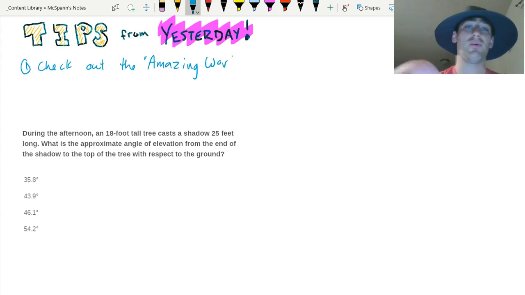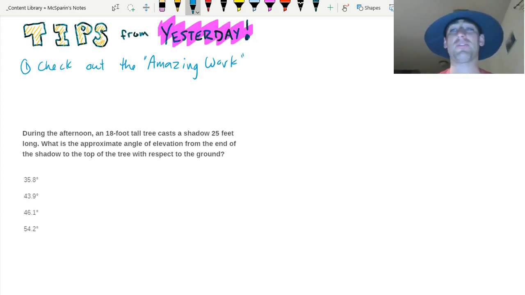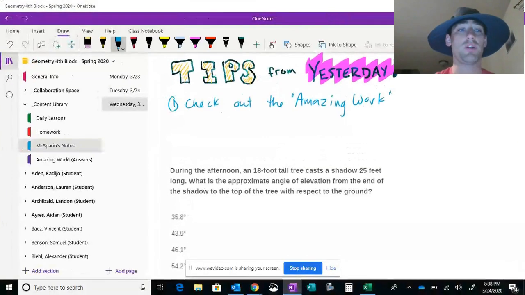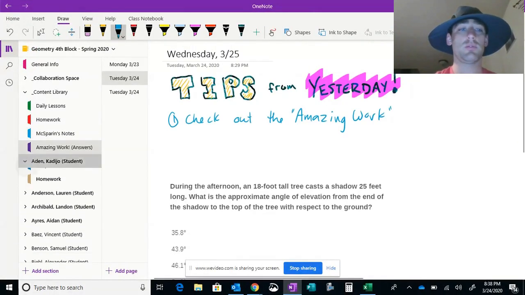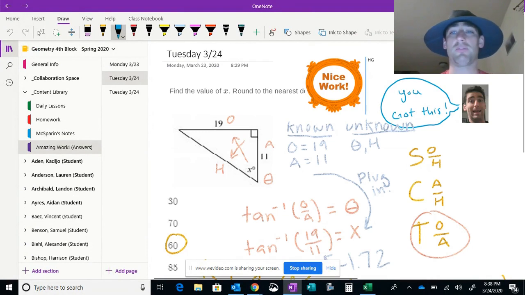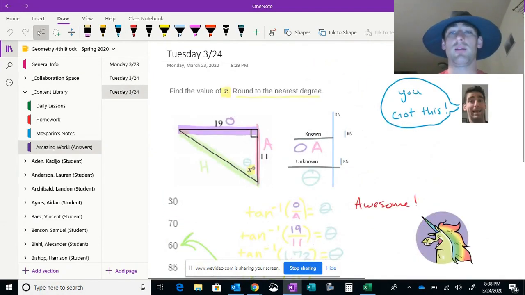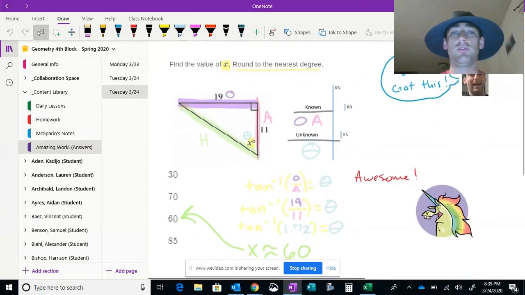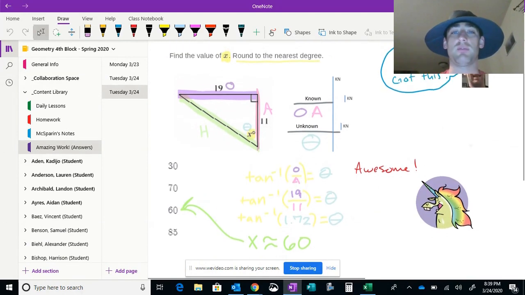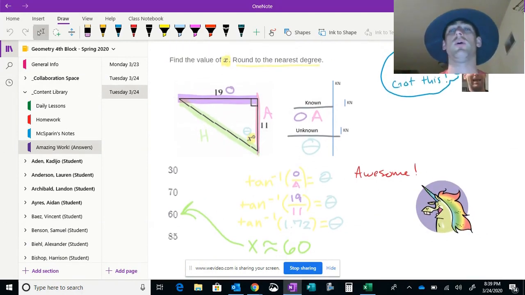Holy cow, guys, I put the first two that I found that were awesome. The amazing work came from Lauren Anderson. Hers was so good. And then Nicole Klon, using some Easter themed pastel colors, also so flipping good.